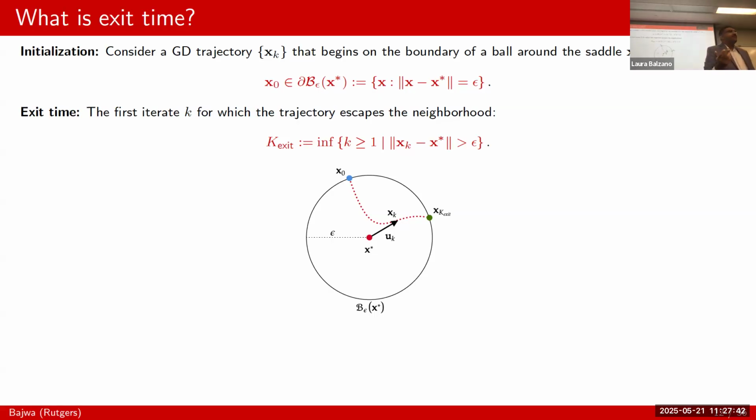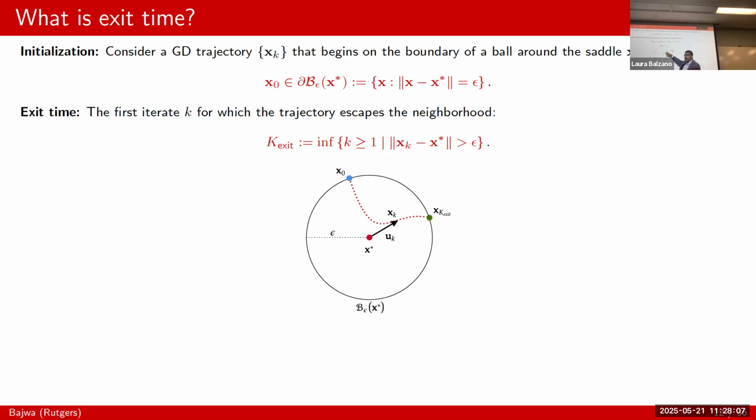In traditional gradient descent, of course, the question we ask is, you assume x star to be a local minimum, and you ask how long it will take you to get to this point, right? Here we are saying we are sitting at the boundary, and you are going to start getting pulled towards the saddle because it has attractive dynamics. But eventually we want to leave.